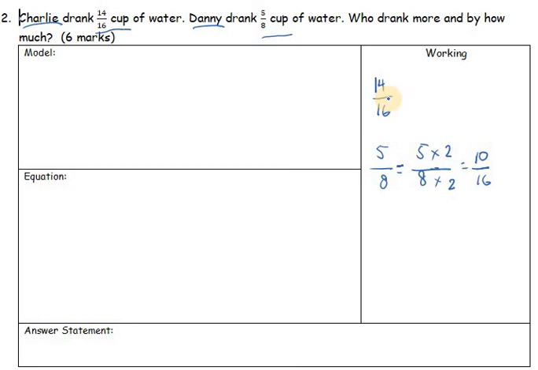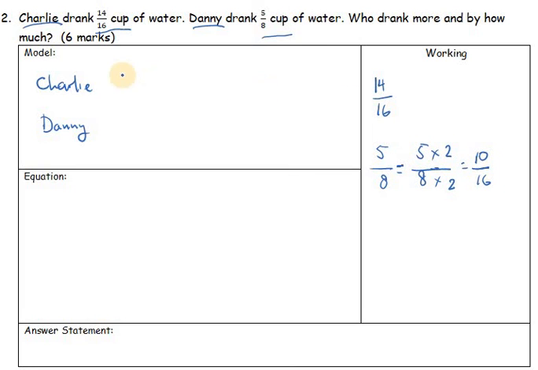Now this fraction belongs to Charlie, this one belongs to Danny. So after that we just draw the model. This one over here, Charlie, and then we have Danny. Now we want to draw the bar with the fraction number over here. As we can see, this one belongs to Charlie, 14 out of 16, which is greater than the fraction number that belongs to Danny.